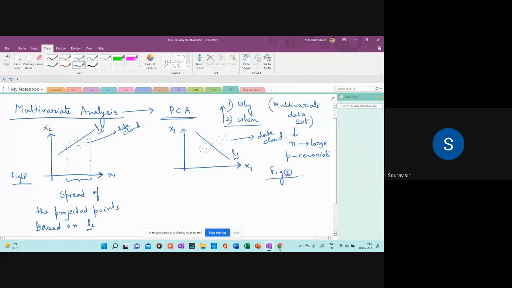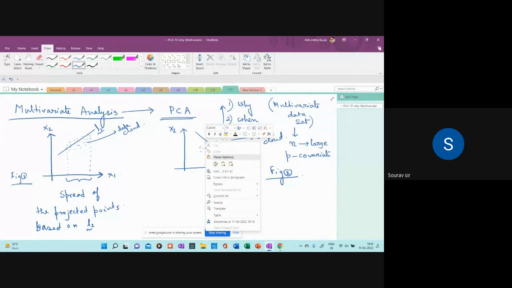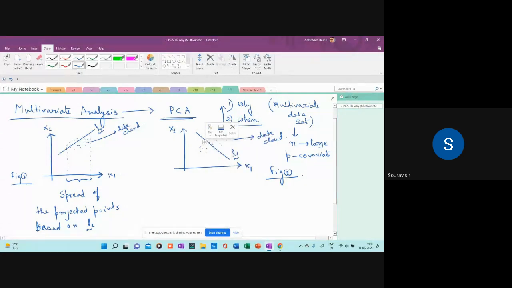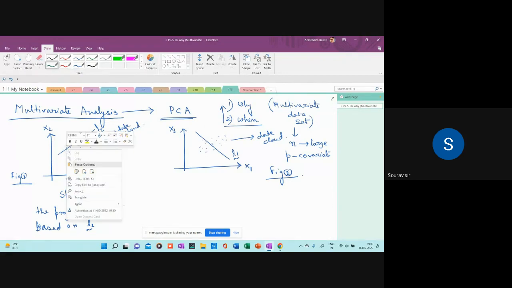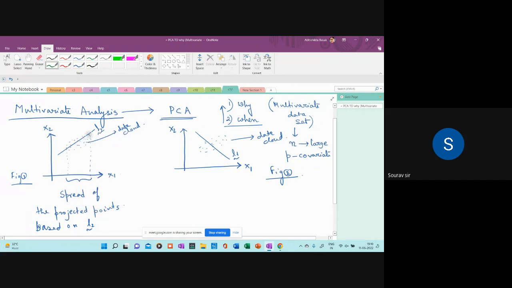This is figure 2. And if you can see the projection over here, it is between these two lines, this point and this point.